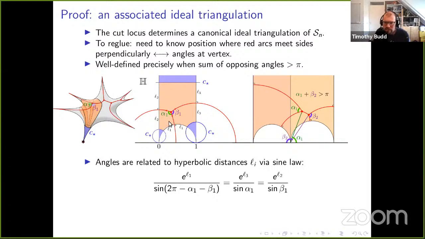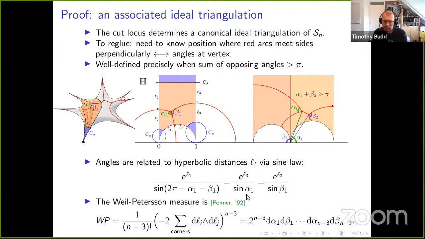They're directly related to these angles through a hyperbolic version of the sine law. So particular differences in distances of the 3 different red edges here to the origin horocycle are specified by the angles around this vertex.